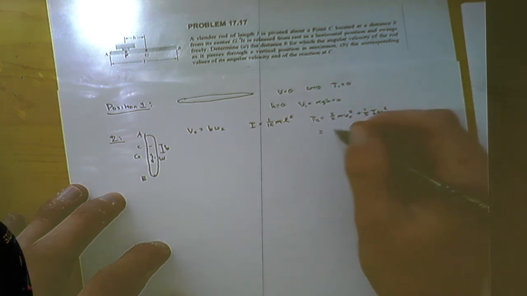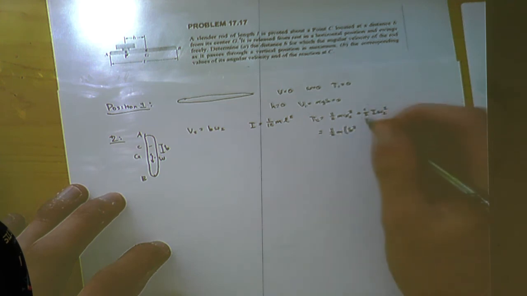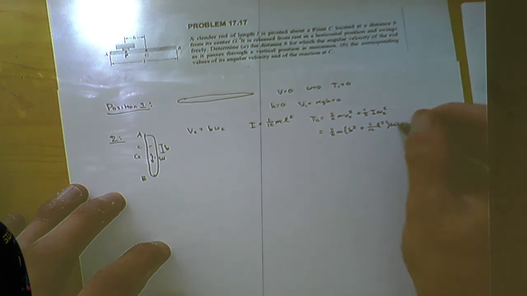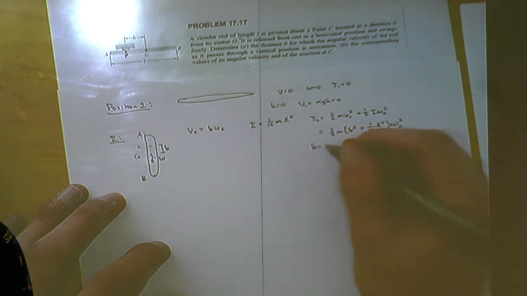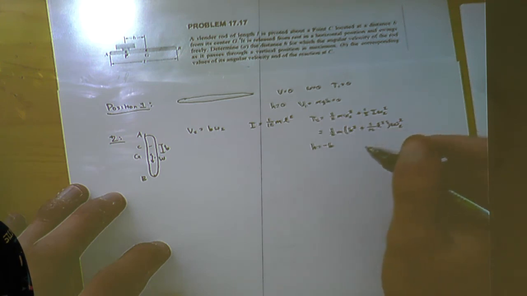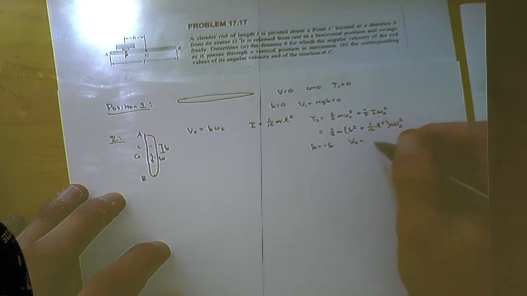So it's going to be 1/2 times the mass of B squared plus 1/12 L squared times the angular velocity at 2 squared. Our height is going to be negative B, so our V2 is going to be negative mgh, or negative mgb.